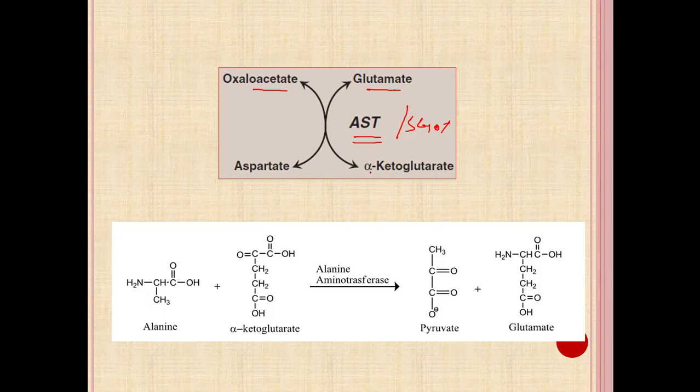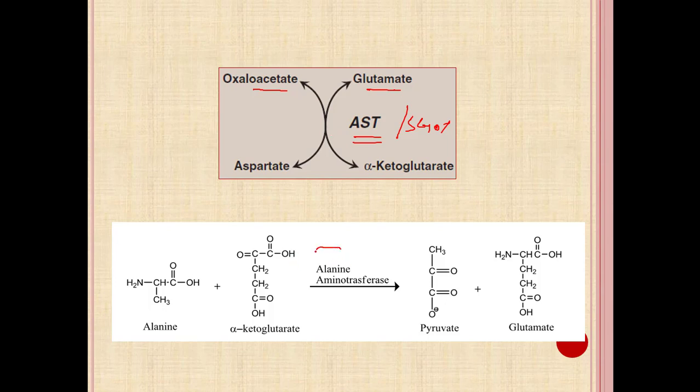It may be reversible. Alpha ketoglutarate along with aspartate can convert into oxaloacetic acid and glutamate. So that oxaloacetic acid can be used for gluconeogenesis. Depending on the substrate availability, the enzyme can catalyze the reaction in that direction.